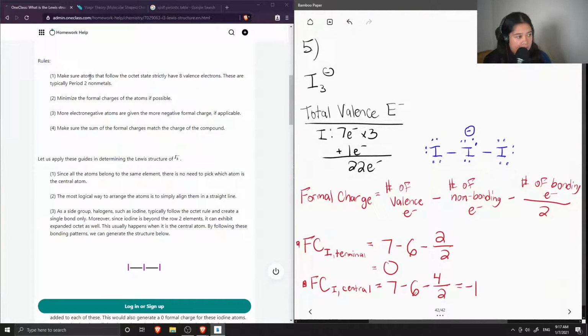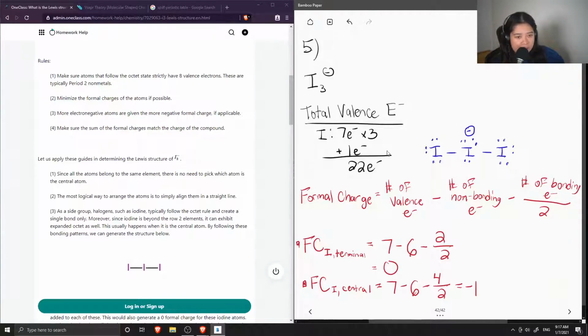And these are some of the rules. So make sure atoms that follow the octet rule strictly have 8 valence electrons. Step 2, minimize the formal charges of the atoms if possible. So we already knew that this had a negative charge, so that's okay. And then the more electronegative atoms are given the more negative formal charge, if applicable.